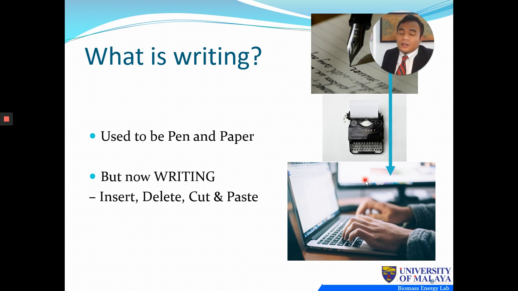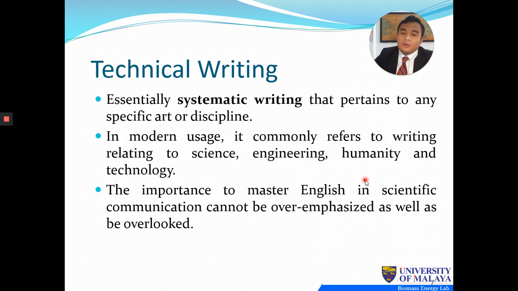So it is an evolving process, a dynamic process. So technical writing is essentially systemic writing that pertains to any specific art of discipline. In modern usage, it commonly refers to writing relating to science, engineering, humanity, and technology. The importance to master English in scientific communication cannot be overemphasized as well as be overlooked.